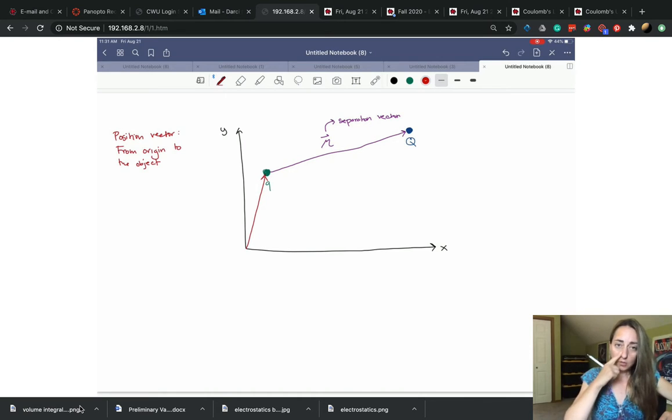So I've drawn one position vector here. This is the position vector for the source charge, and R, regular R, is what we've always used for position vectors. So that's why we got to use script R for the separation vector. Regular R was already taken for position vectors.